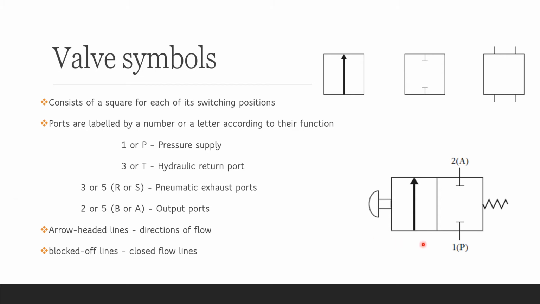Since it is push button operated as well as spring loaded, these are represented at the sides. The initial working condition will be shown as the square to the right. So initially, when the flow is cut off, the closed flow lines represent this initial working condition where there is no fluid flow.